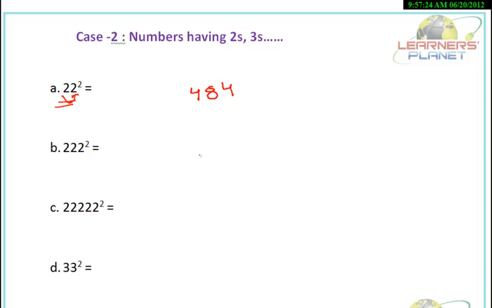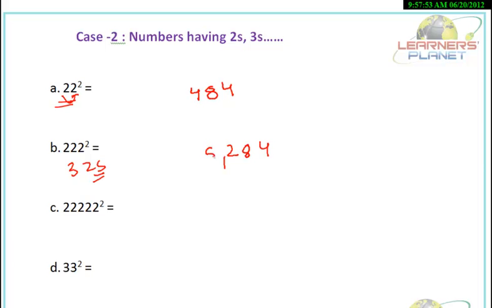Similarly, 222 square. Now there are 3 2's. So we'll be calculating the table of 4 up to 3 terms. Then we'll be coming down. So it's 4. 4 2's are 8. 4 3's are 12. We cannot write 12 as it is over here. 1 will be carried over to the next term, which we'll be calculating in the next step.